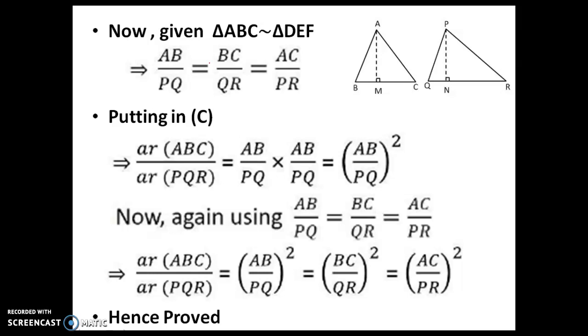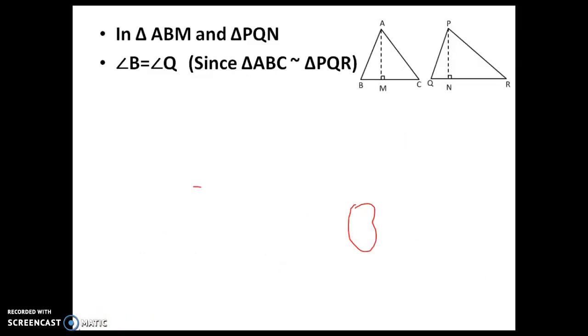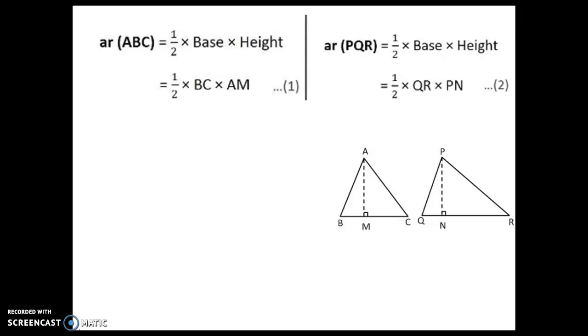Okay, I hope you understood this. First we started with, I'll show you. First we started with area. Okay, area of one triangle, then next triangle, then we divided because we want to find the ratio.